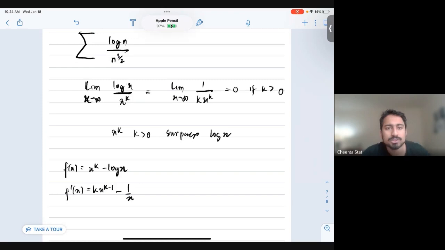I'm getting one sweet spot, so I will show you what I'm thinking. If you draw x to the power k and use a slider, I will tell you what's happening.